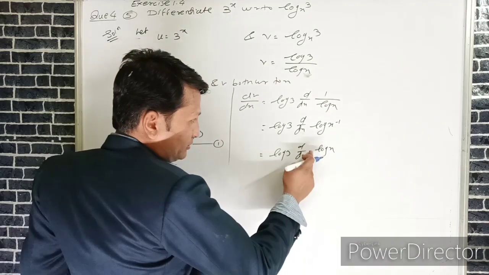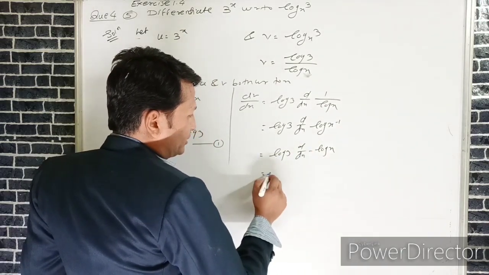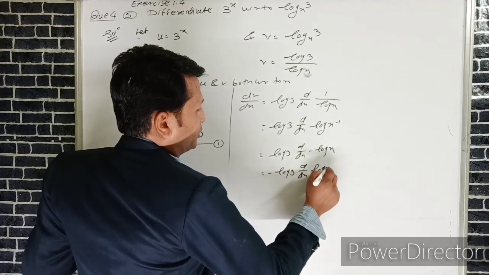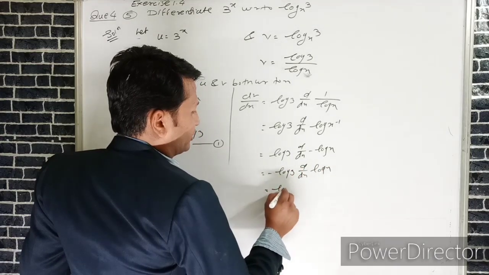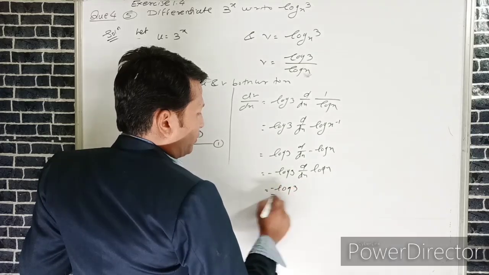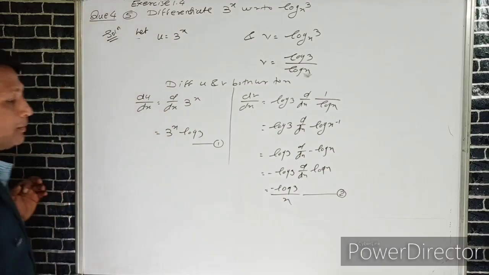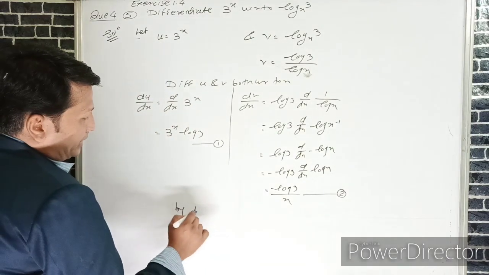Taking the negative sign common, we get minus log 3 into the derivative of log x, and the derivative of log x is 1 by x. This is the value of dv upon dx.